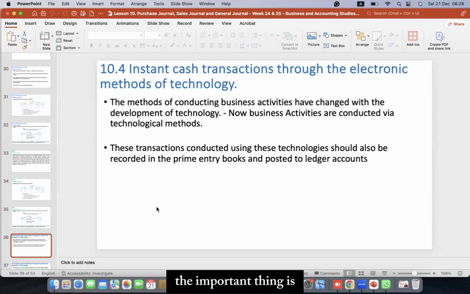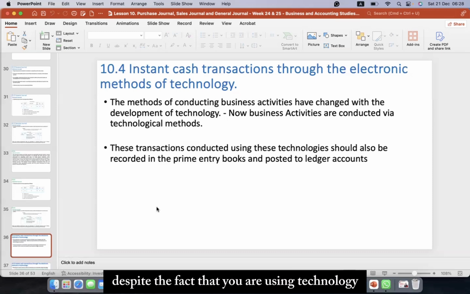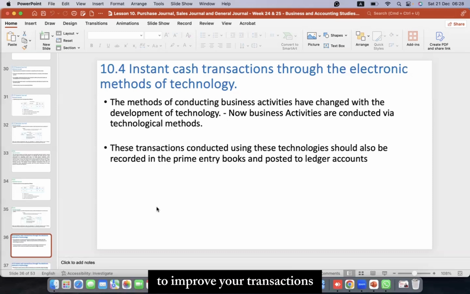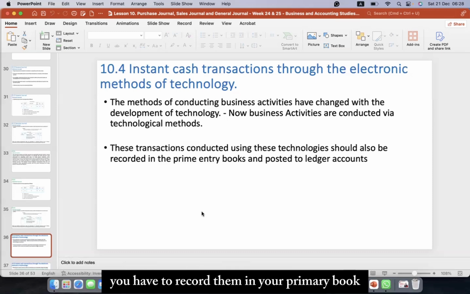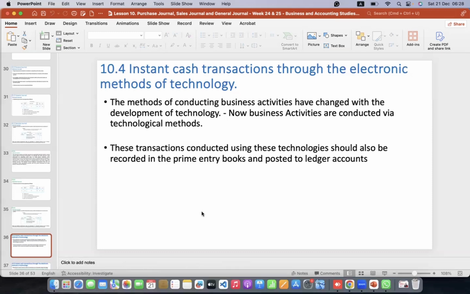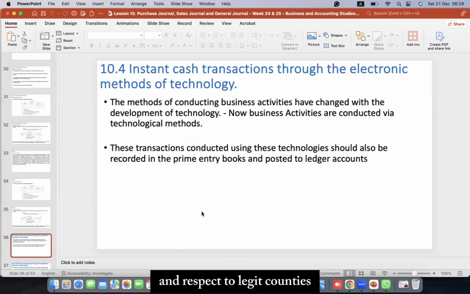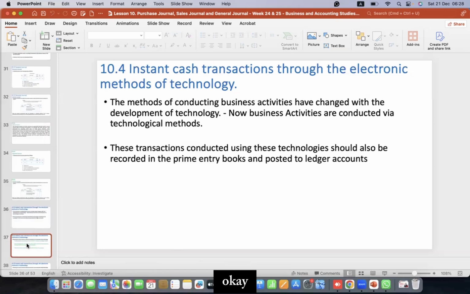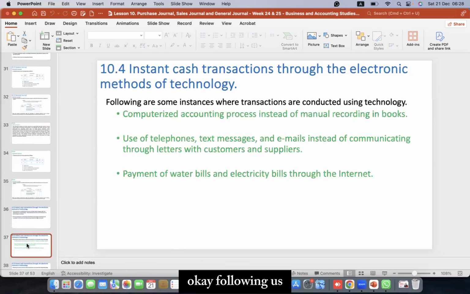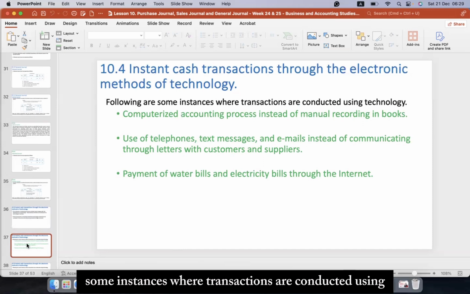The important thing is, despite the fact that you are using technology to improve the speed of your transactions, you have to record them in your prime entry book. Recording of that information in prime entry books and respective ledger accounts is still compulsory. Okay. Following are some instances where transactions are conducted using technology.